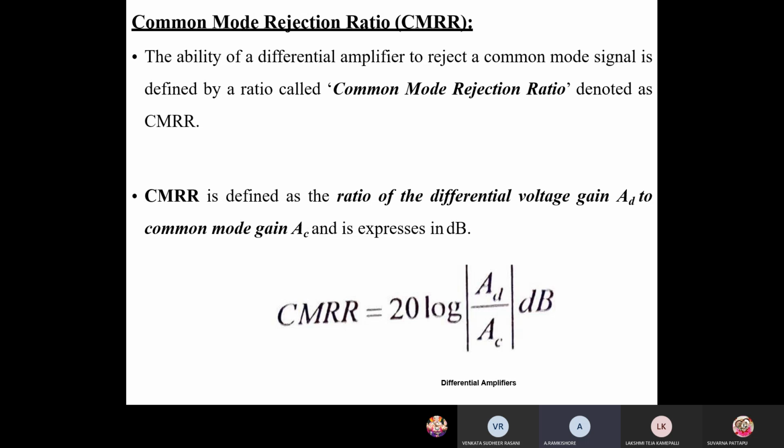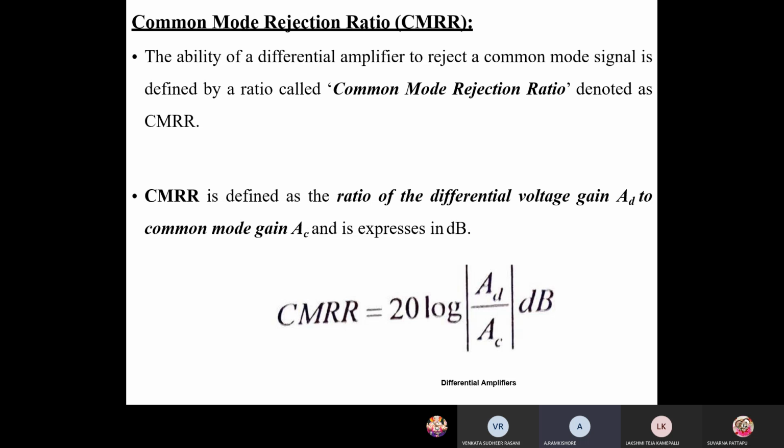So these are the features of the differential amplifier. That means whenever we add the two transistors as a differential amplifier, both transistors have high input impedance, low output impedance, high bandwidth and high CMRR or high differential gain.